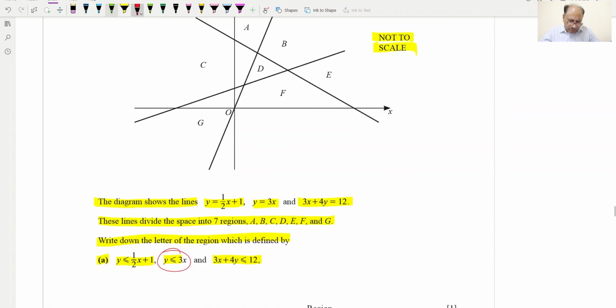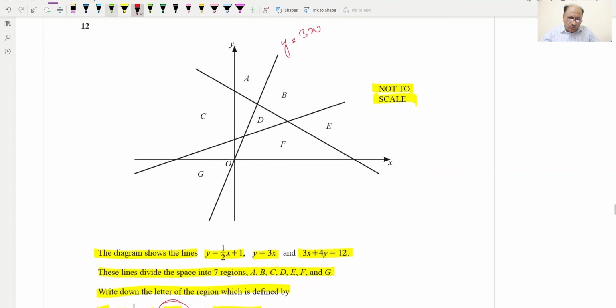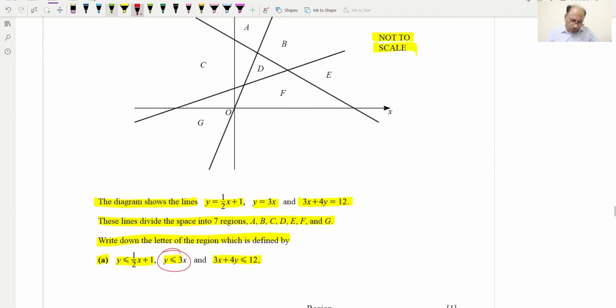Then we can identify the second line, 3x plus 4y is less than or equal to 12. Before identifying this line, we will rewrite this equation in y is equal to mx plus c format. So we can write 4y is less than or equal to minus 3x plus 12. So y will be less than or equal to minus 3 by 4 x, and plus 12 by 4 will be 3.